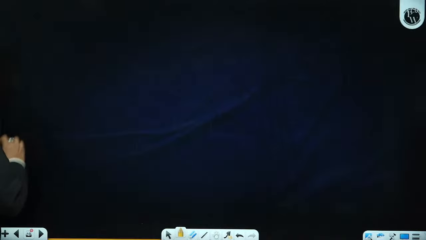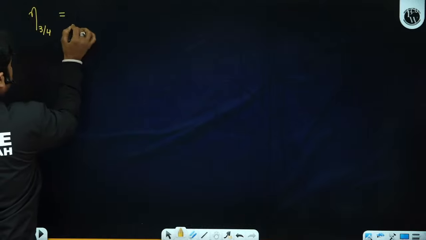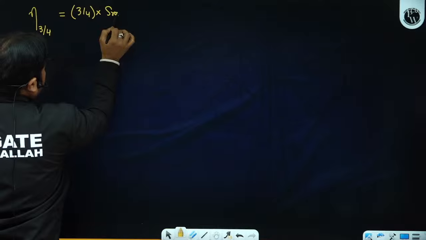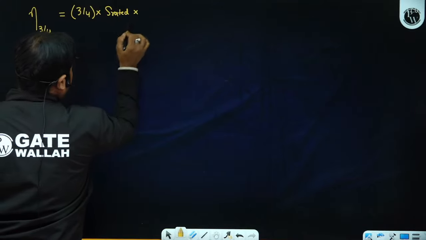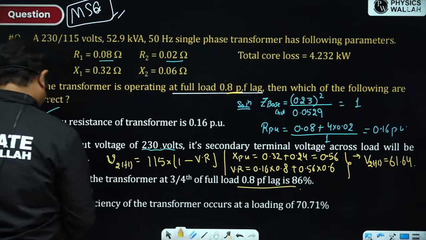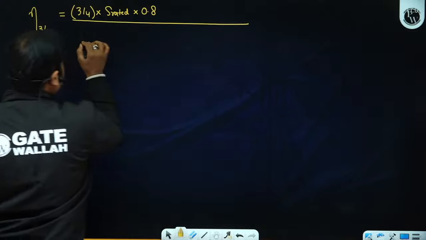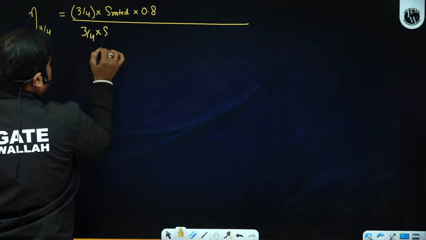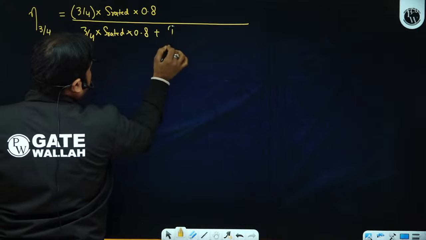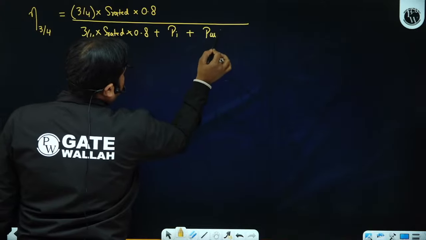So let's talk about efficiency now. Efficiency at 3/4 of full load is 3/4 times S rated into cos phi 2, and we have to calculate full load efficiency at 0.8 power factor lag. So divided by 3/4 of full load into cos phi 2 plus Pi plus PCU FL.